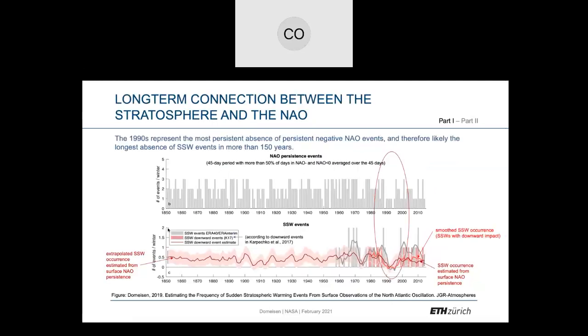So for the dearth of warmings in the 90s, was that also accompanied by significantly weaker planetary wave flux into the stratosphere? Do you see an anomalous pattern in that, or is this more something that was going on within the stratosphere itself? I think it was also related to weak planetary flux. I haven't seen a consistent analysis of that, or haven't done one, but it's probably related to a range of different factors.